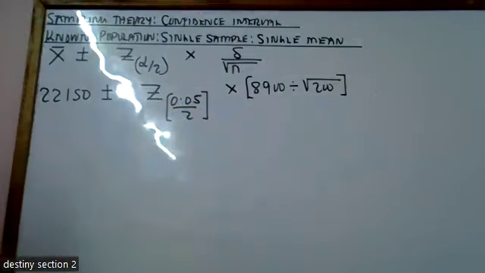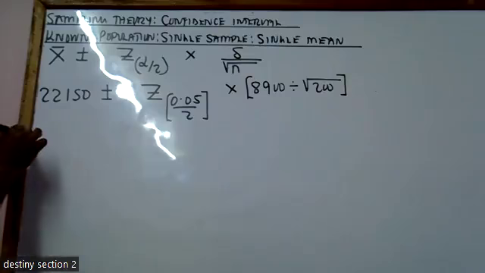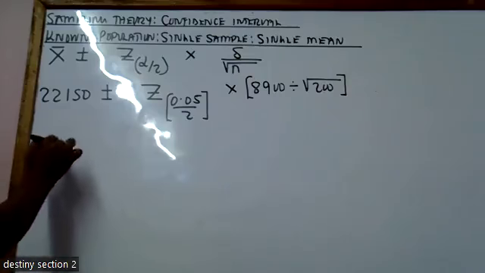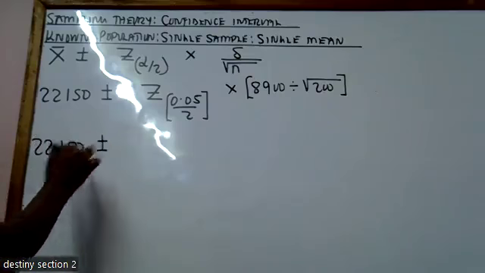So this proceeds on to become 22,150 plus or minus.